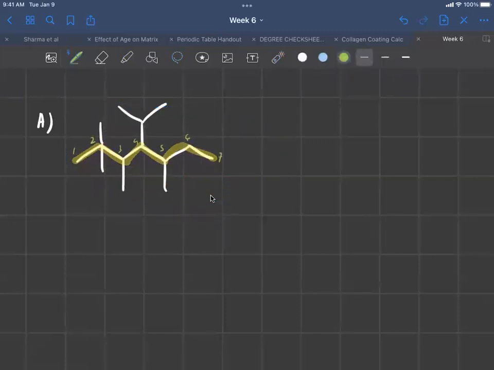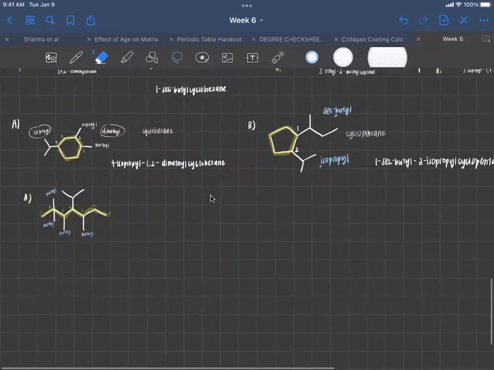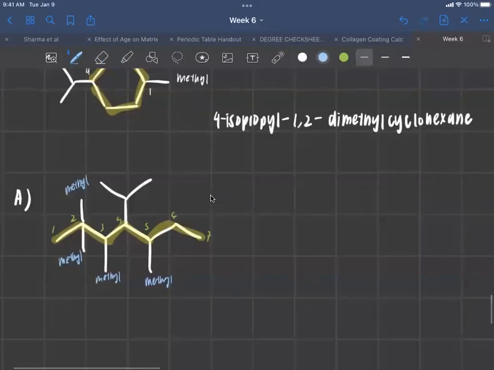And then our substituents, let's see here, we have a methyl, another methyl here, 2 more methyls down here. And then we have an isobutyl. Just double checking. Actually, this is isopropyl.